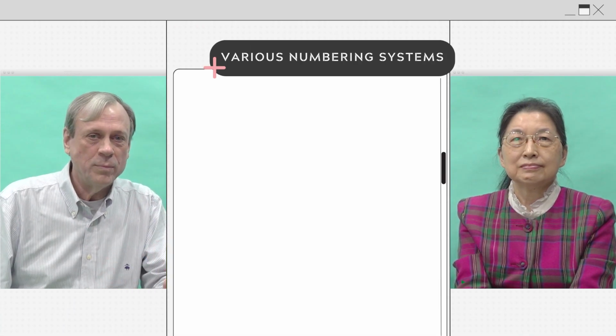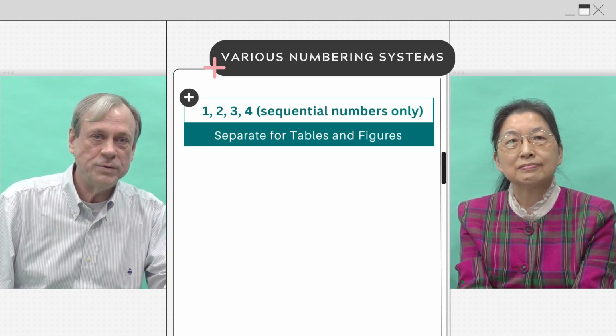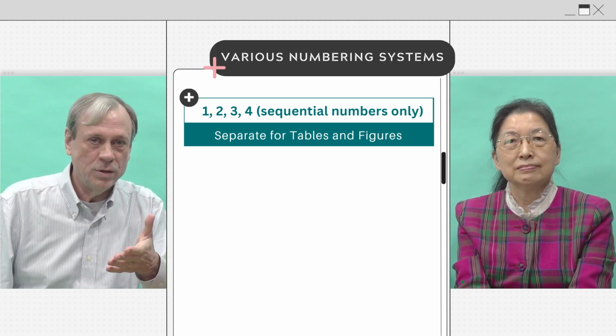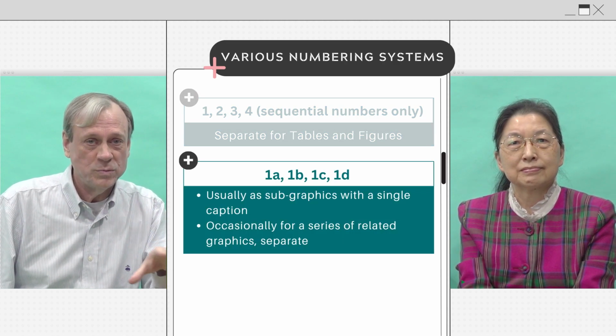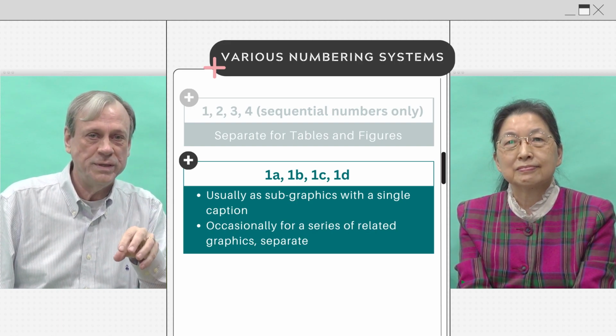Now there are various numbering systems that are used. The most common is simply figure 1, 2, 3, 4, table 1, 2, 3, 4. But as I showed you just now, there are some cases where one figure will have several smaller figures within that.